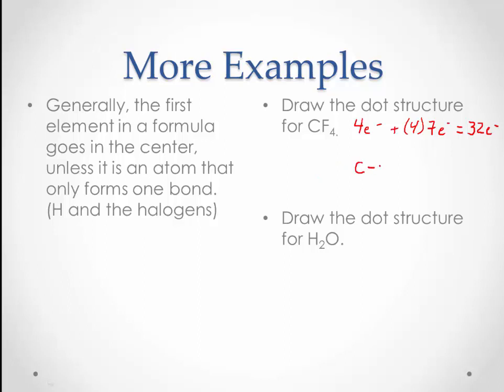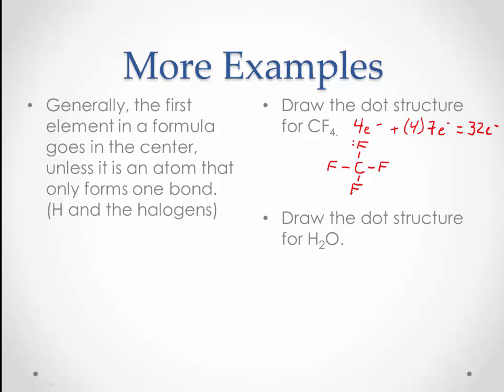And I'm just going to draw the line. Remember, that line represents 2 electrons. So that's 4 electrons, 6, 8. Okay. And then I need to distribute the rest.